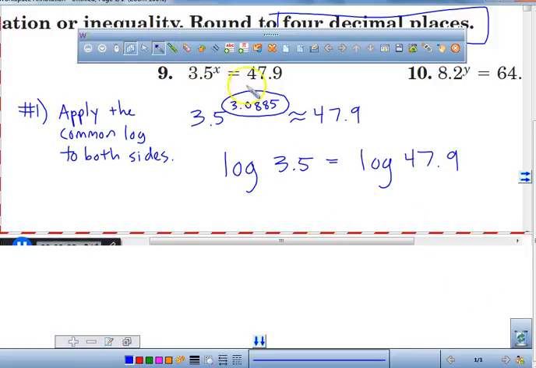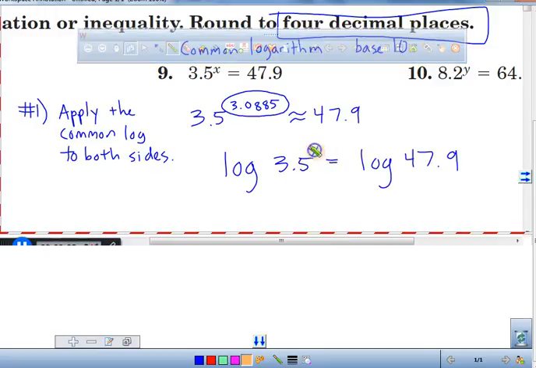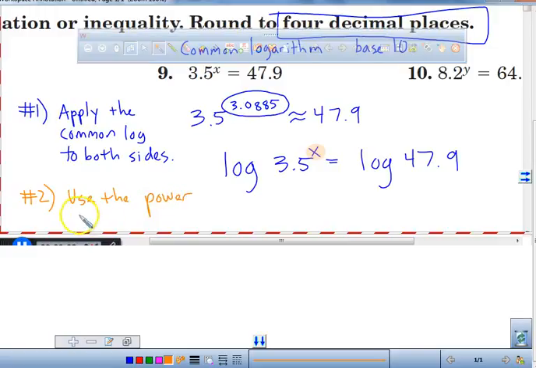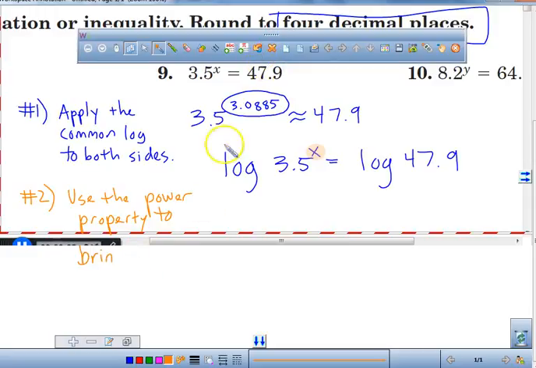Now, up here we have the value of x. And I'm going to highlight this in orange, because that's the second step every single time: you're going to use the power property to bring down the x.